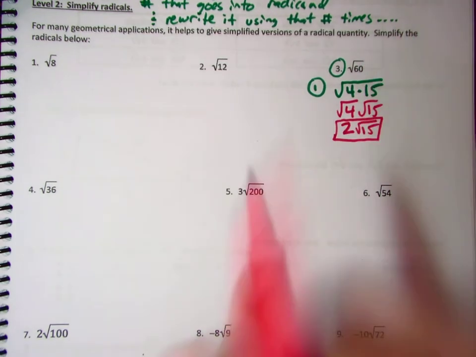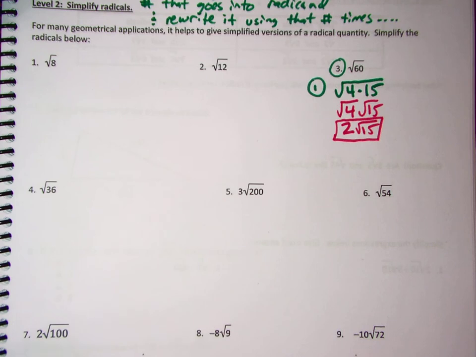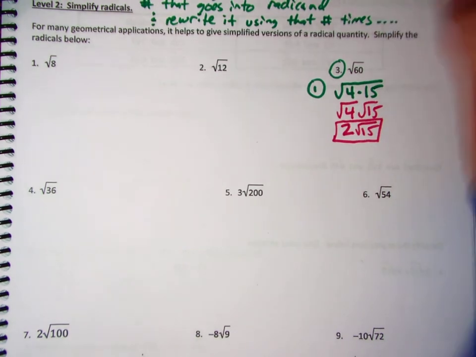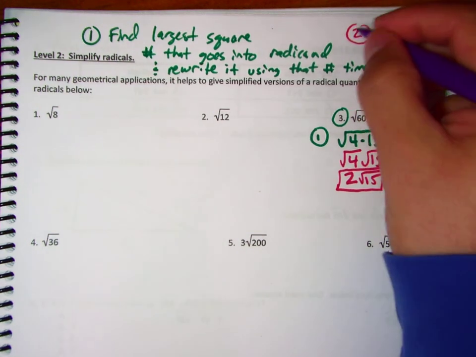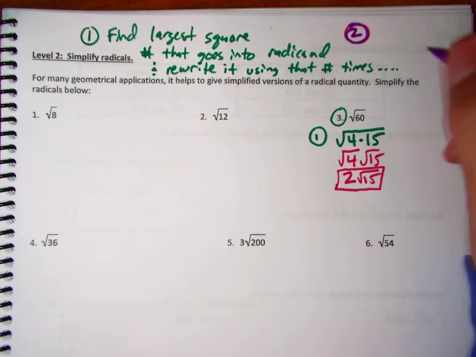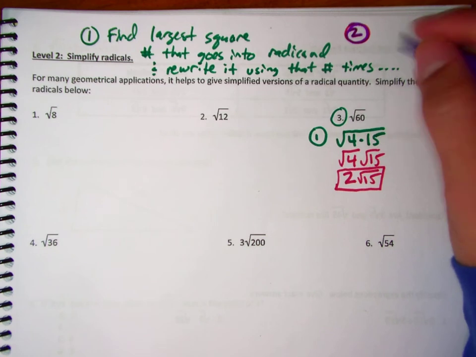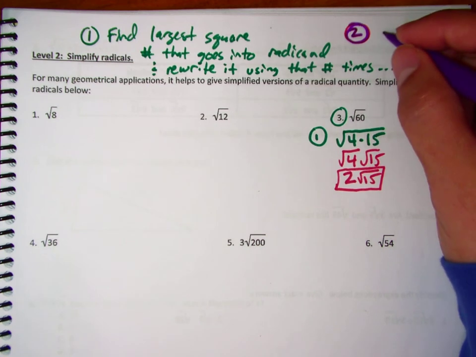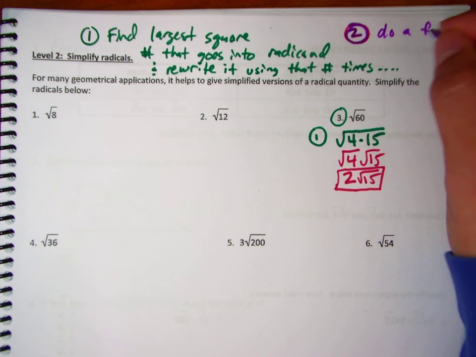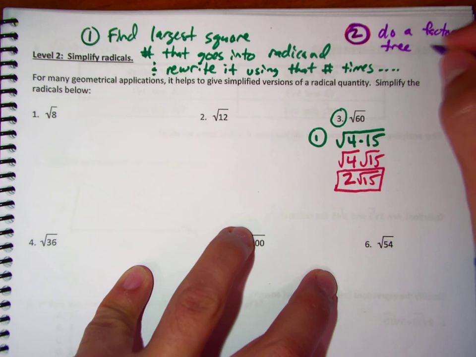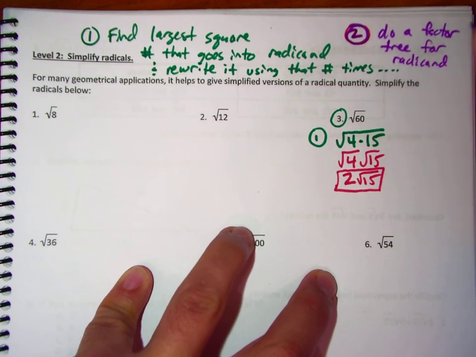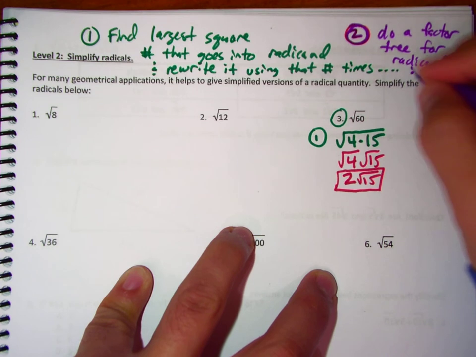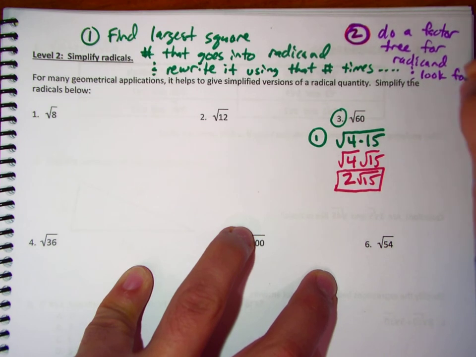The second option looks something like this. Let me use purple actually. You basically do a factor tree for the number on the inside, the radicand, and look for pairs.